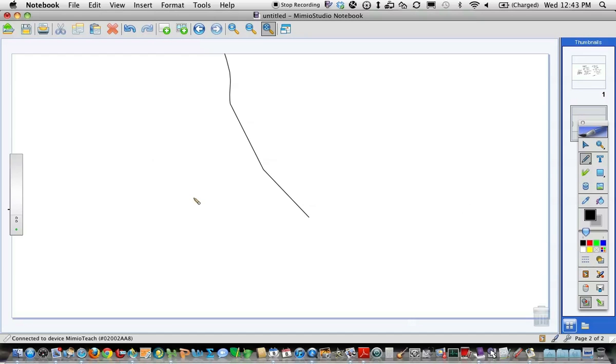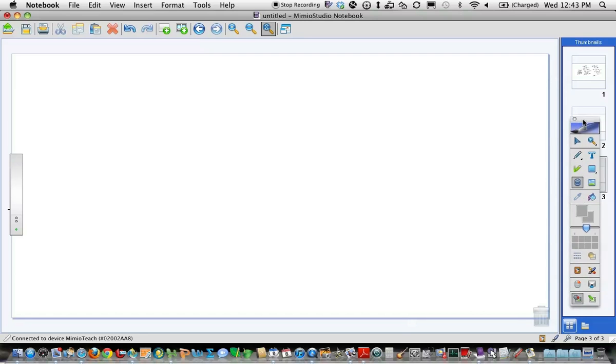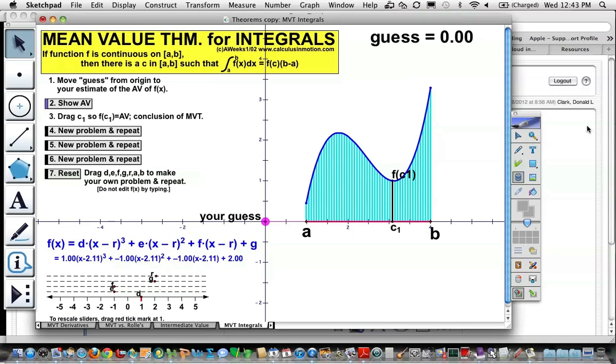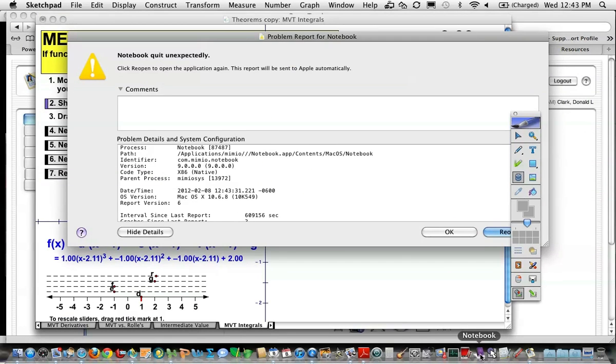Wait, what? You hit new slide. But the line should, well, that should be just a new page. What? It's a line. What's going on? Oh no. I just updated this software yesterday. It just crashed.